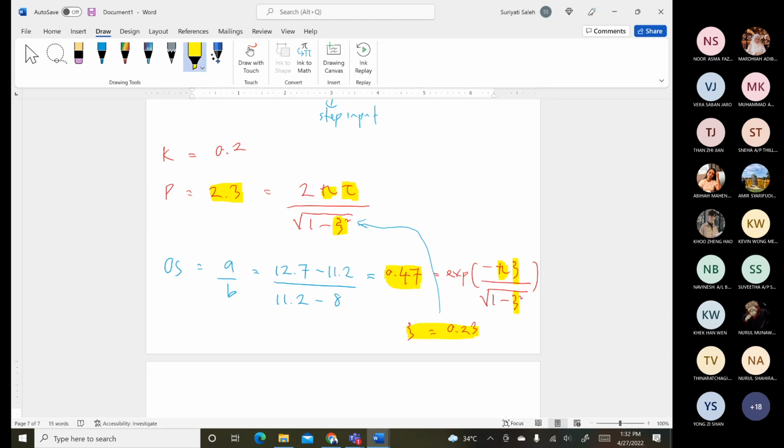So now we can obtain the time constant tau. That means you have one equation and one variable, so the degree of freedom should be 0. So automatically you can get the tau value.